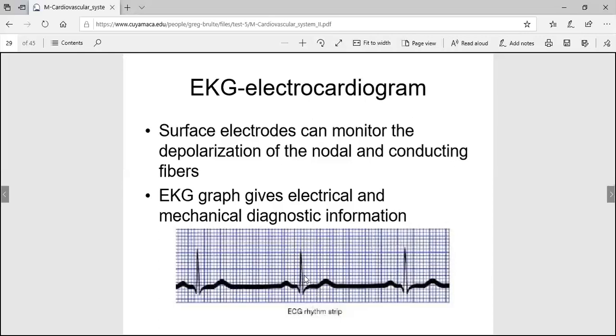And it could affect the shapes of some of these waves. So you can actually tell if you've got cardiac muscle damage. If you have a good EKG before, and then all of a sudden you get a weird looking one after, you can kind of figure out what's happened. So that's the four things: rate, rhythm, electrical problems, cardiac muscle damage.